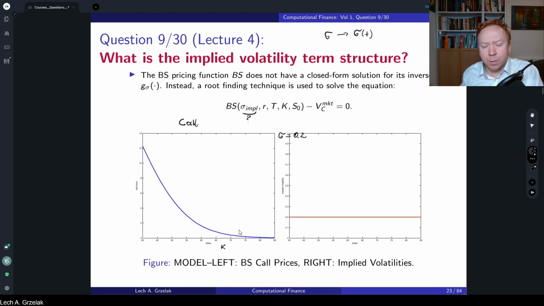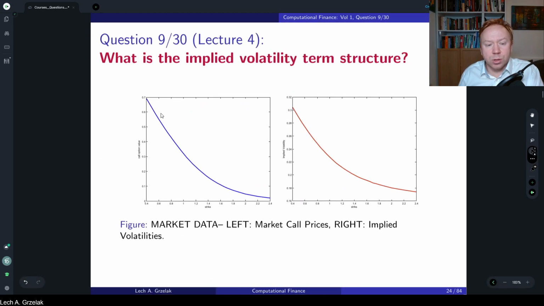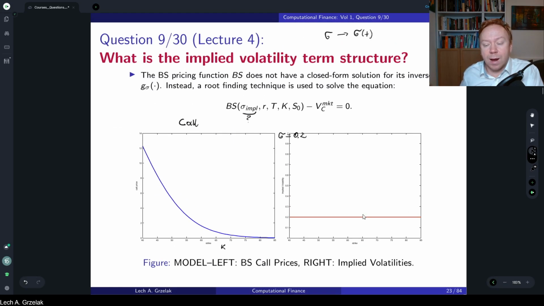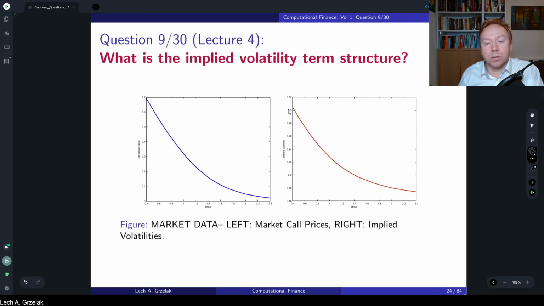You see this shape very much resembles the shape from the market, although implied volatilities in this case are flat. In the market, there is a skew. So this is very important information: always look at implied volatilities. If we want to judge whether there is an implied volatility smile or skew, never look at the prices, because you cannot really invert this formula yourself to draw a conclusion.